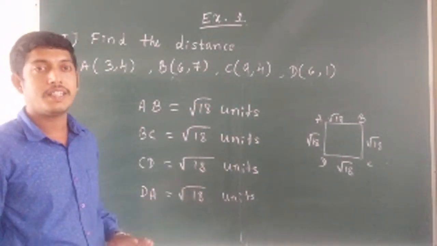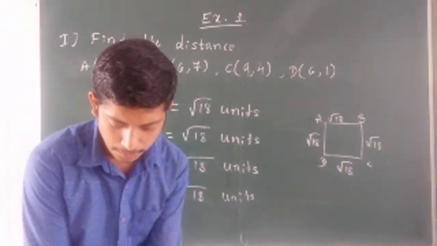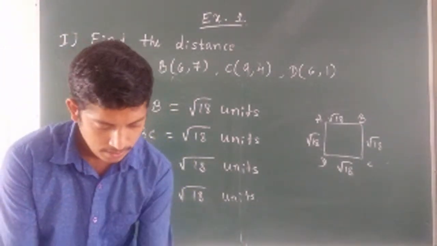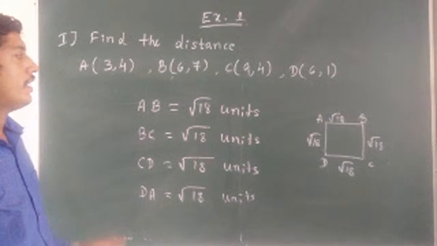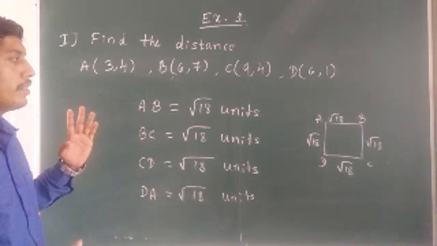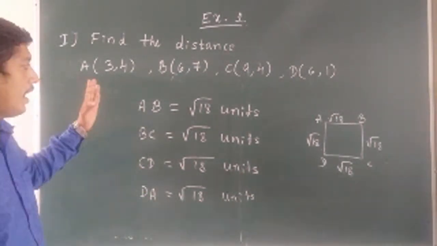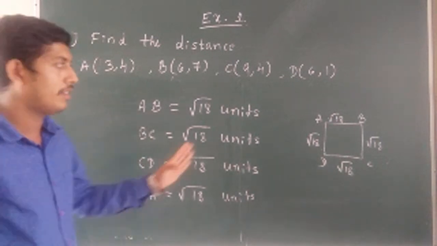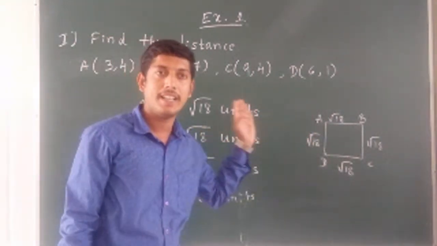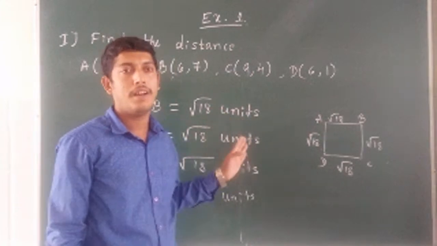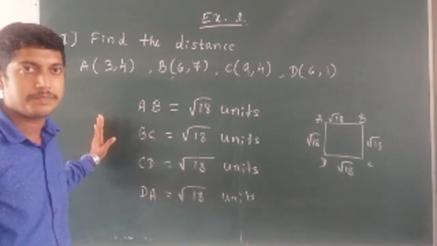Now in this case, Champa told that the figure will give a square shape, and we have all the sides equal. Therefore, we can easily tell Champa gave the correct answer.